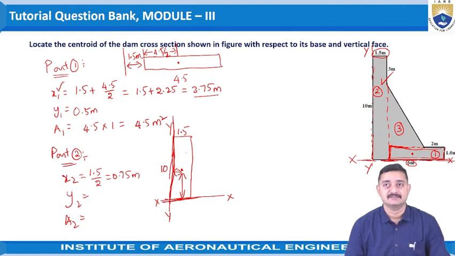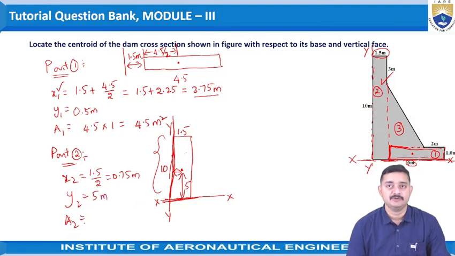That would be 5, as the total length is 10 meters and half of that is 5 meters. So y2 would be 5. Then coming to area, length into breadth, 1.5 into 10, that gives 15 meters square.